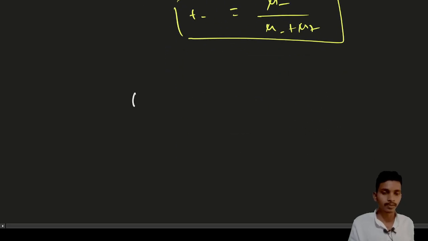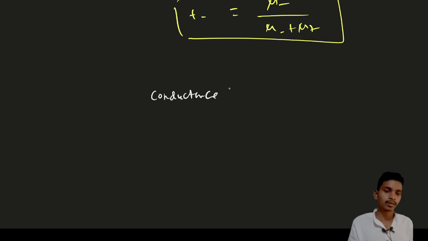Also the conductance is directly proportional to mobility of ions. If mobility of ions is high, then conductance is high.